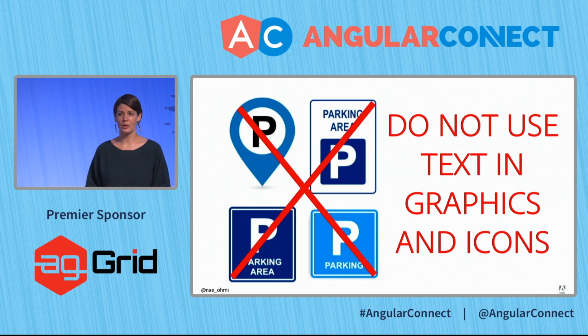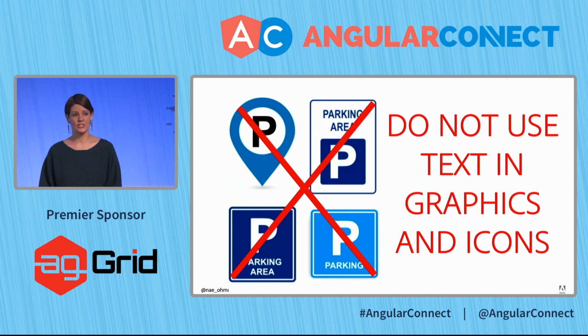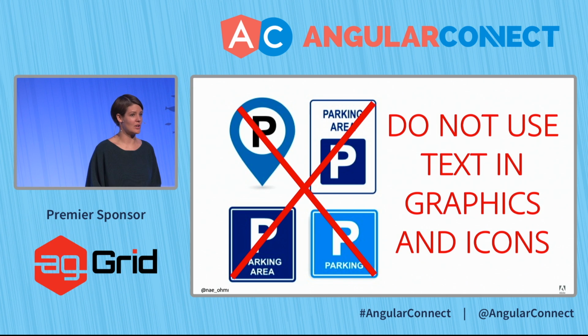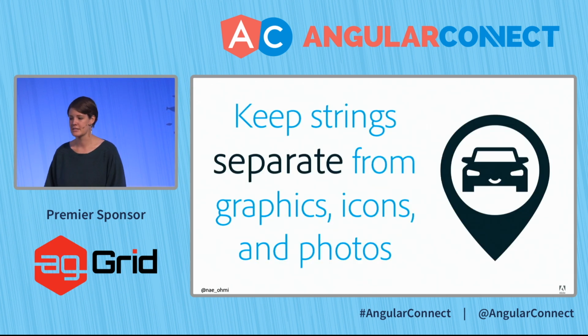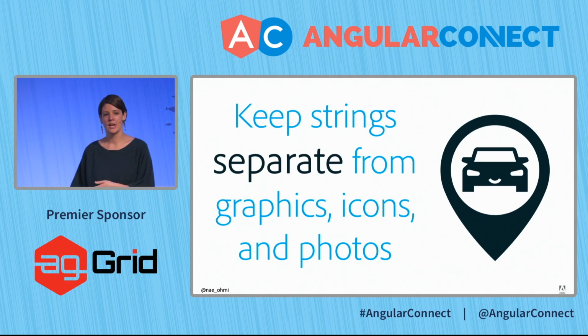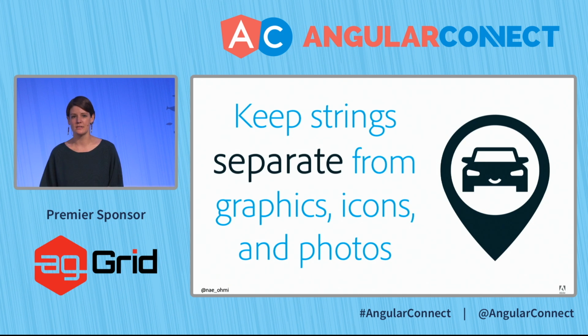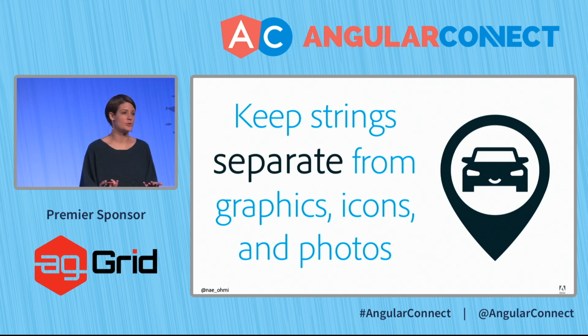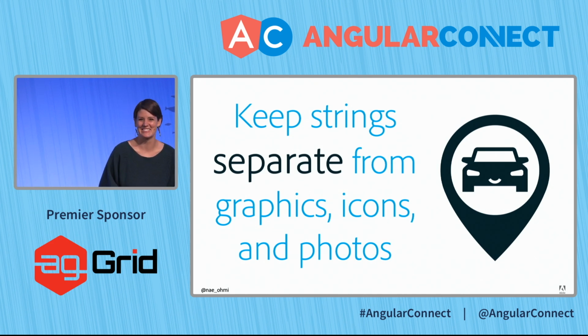I think that's part of the problem, because instead of forcing English only as our international signs for iconography, what we can instead do is keep strings separate from graphics, icons, and photos, and make icons that are inclusive to a diverse range of people around the world. Like this smiling car that I thought was cute.